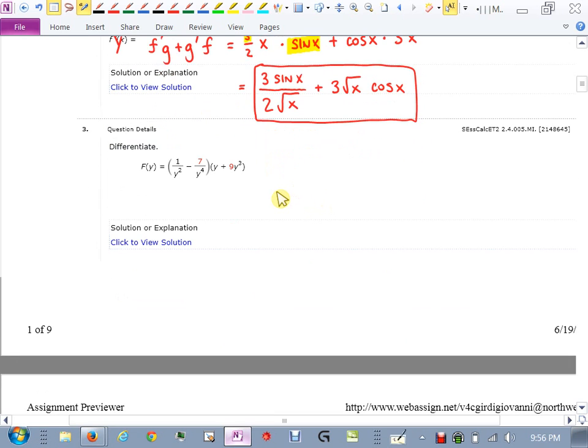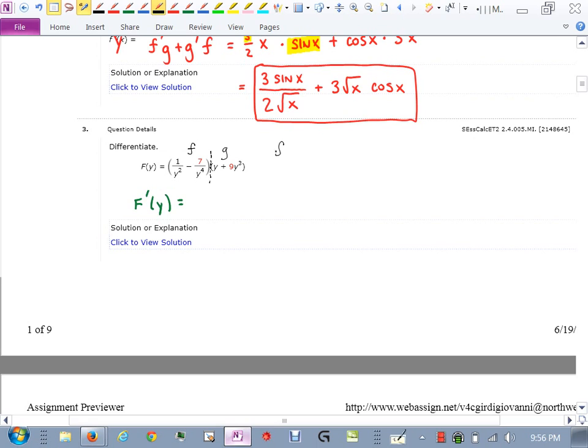Okay, so let's differentiate this one. Notice that our variable here is y, so I can't call this side y. You can call it anything you want, really. I just leave it like that and say, what's the derivative of f with respect to y. Well, let me split this where I see a product, which is right here. I see a little f and a little g here.